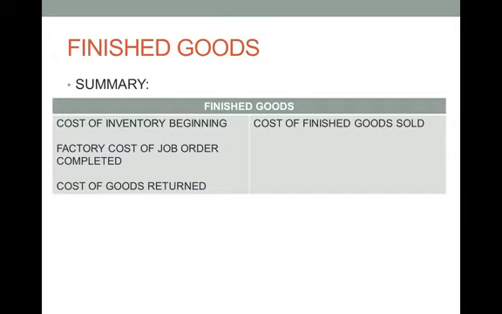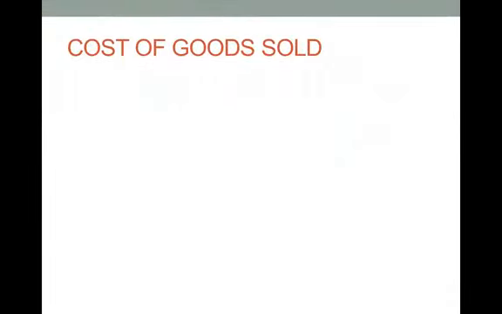Now, let's proceed to our last topic for this job order costing discussion: the cost of goods sold. Diyan naman po talaga nagtatapos ang lahat. Simula sa una hanggang sa katapusan, ang simula po is yung pagre-record mo ng mga ipapasok sa work in process.